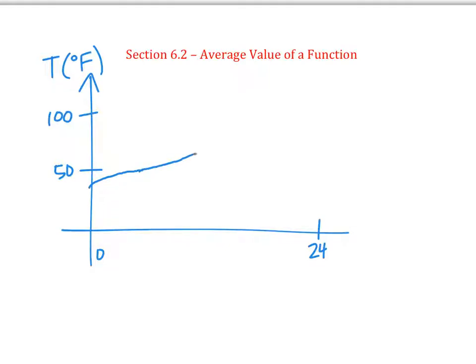And then in the afternoon, it gets a lot hotter, but probably around 70. And then once the sun sets, it gets colder again, and then it goes back to the normal temperature.